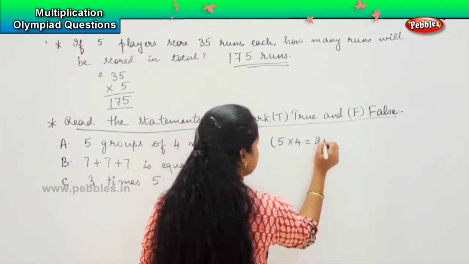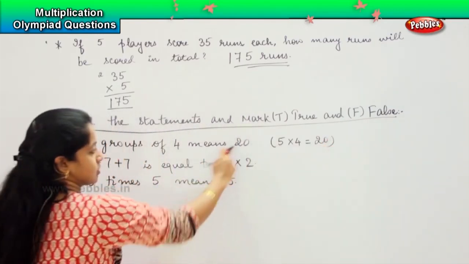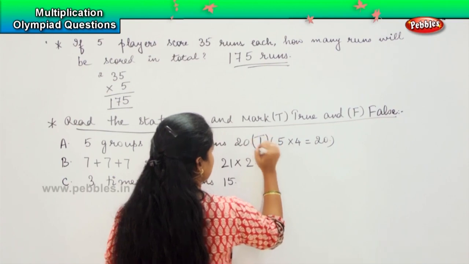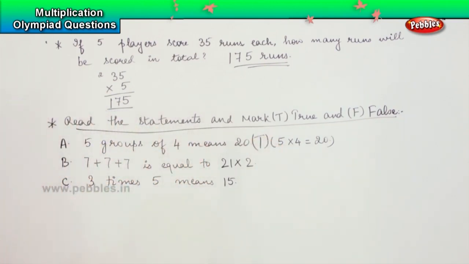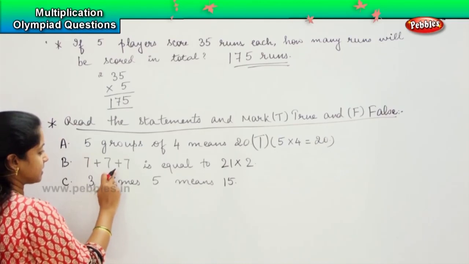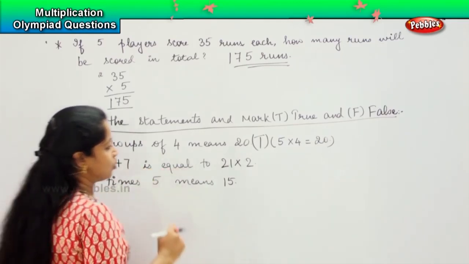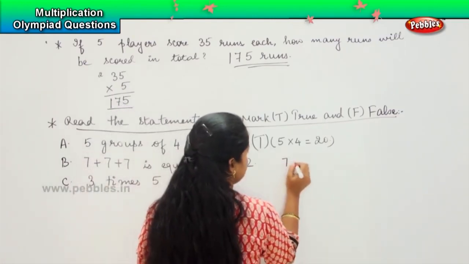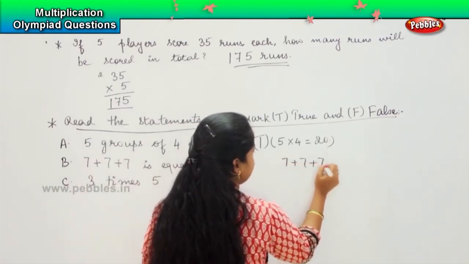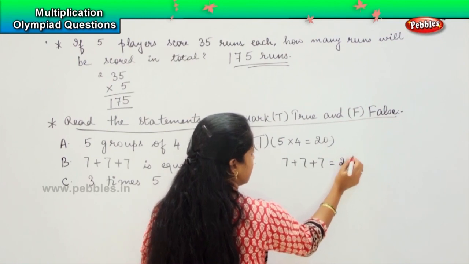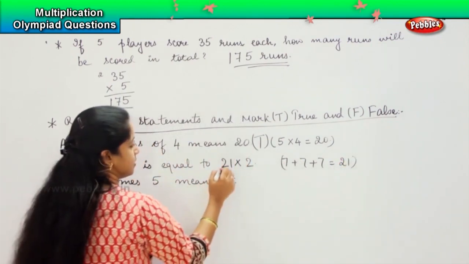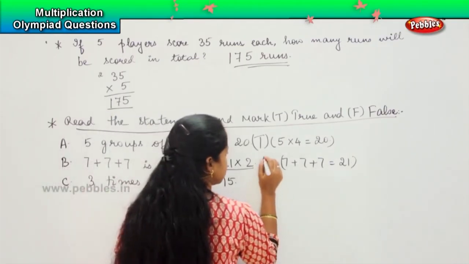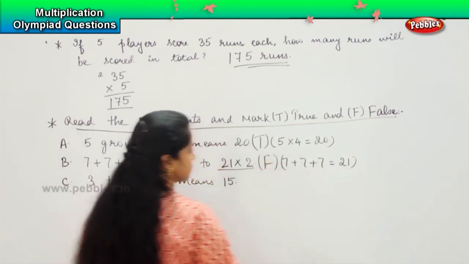So 5 groups of 4, which means that 5 into 4 is how much? Good. It is 20. And my answer also says the same. So which means this statement is true. Okay. Next one says 7 plus 7 plus 7 is equal to 21 into 2. Is it true? 7 plus 7 plus 7 is how much? 21. But here they are saying 21 into 2. So is it true? No. So this is my false statement.